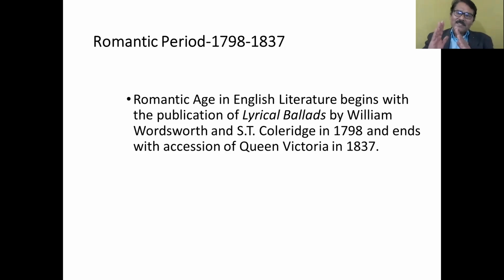The movement ends with the accession of Queen Victoria to the throne of England in 1837. So this is a period of about four decades, which produced wonderful poetry. It's called the Second Renaissance, the Renaissance of Wonder.